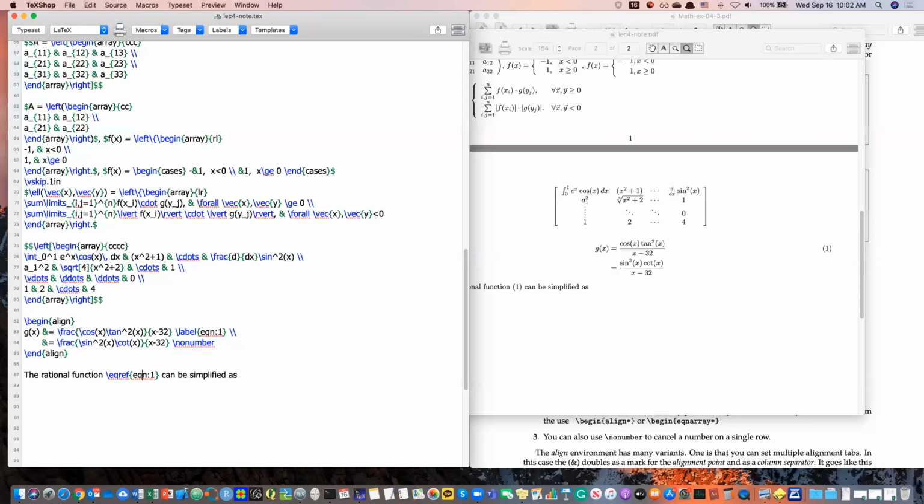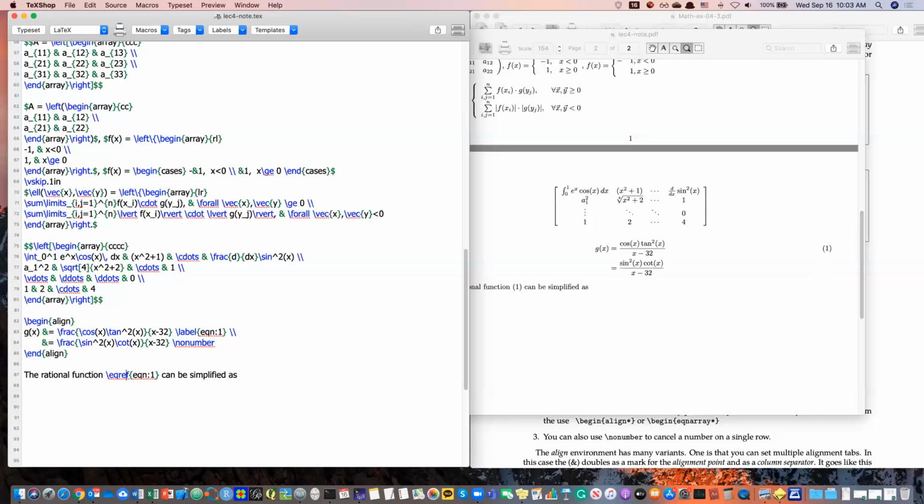Because when you write research papers, probably you get so many equation numbers that it's almost impossible to track them. So we use cross references. Okay, so keep this in mind.